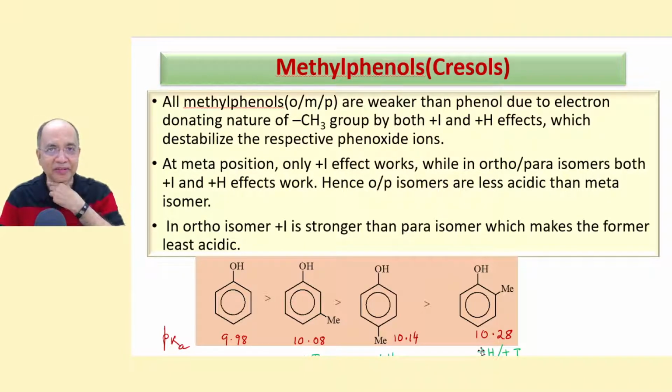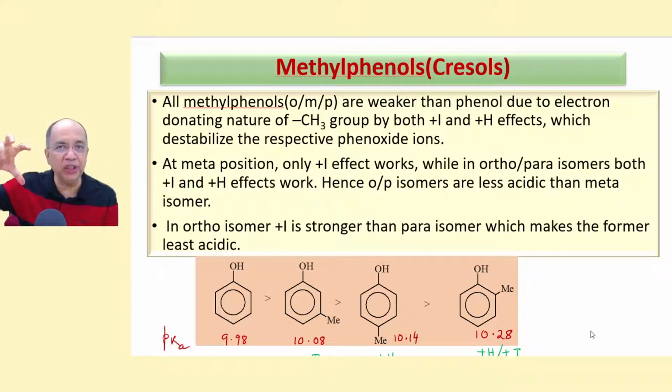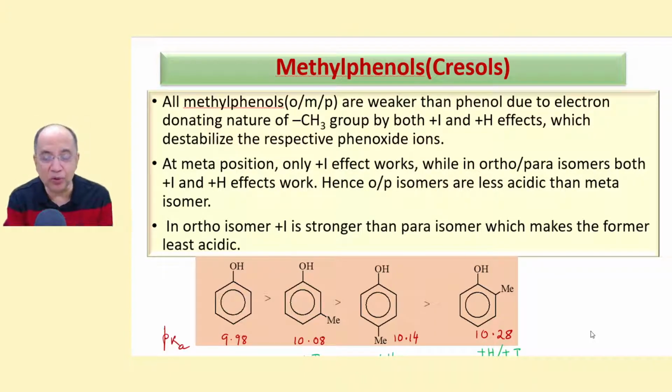Whatever is needed to corroborate the actual pKa data, we will use those many tools to satisfy the question poser, and not tell many more things. Here we will not bring in steric inhibition of resonance or hyperconjugation.